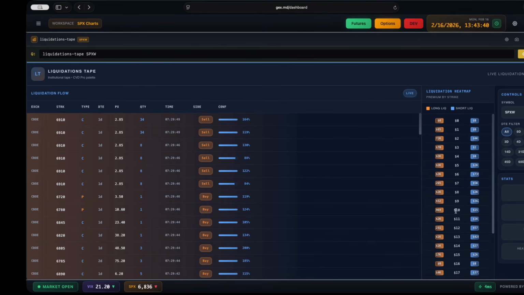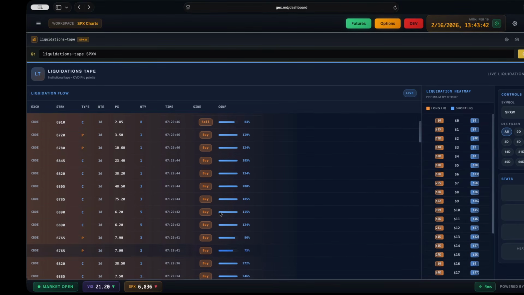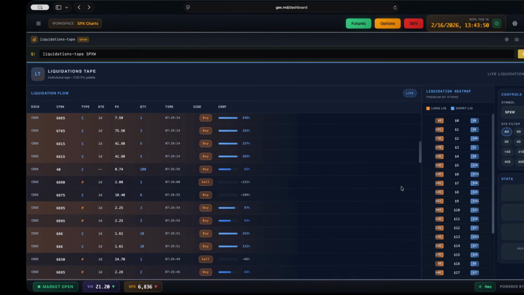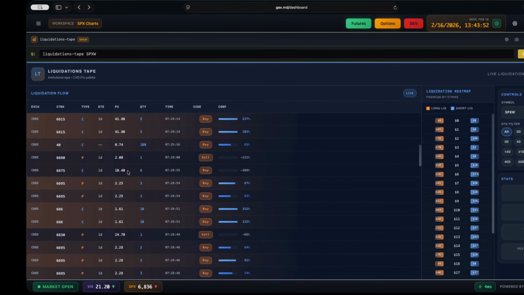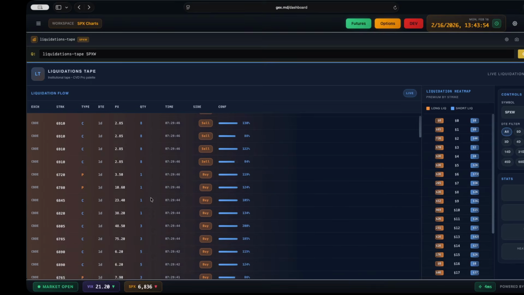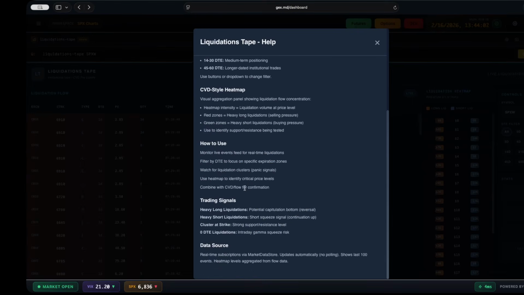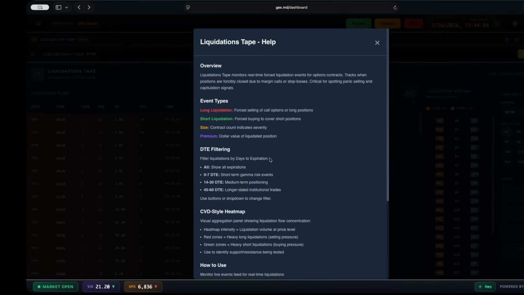You can read that here. These are advanced things, and this is what the chain is coming through. This only works for SPX, not for anything else. That's the liquidation flow. Then you click here, and they're going to tell you how to read it and how to use it.